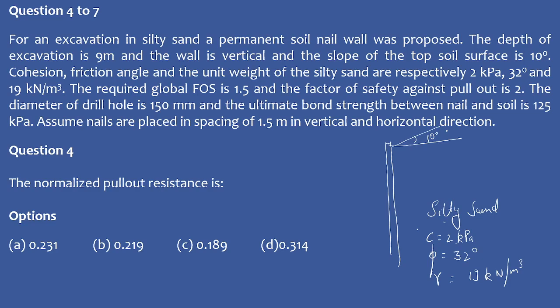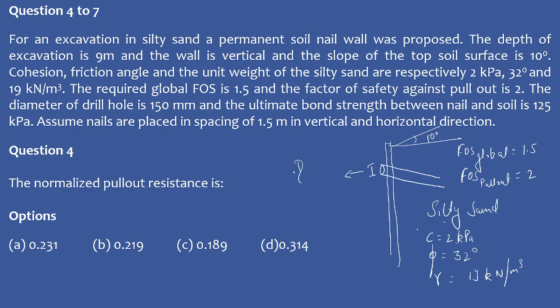The factor of safety for the global failure is given as 1.5 and the factor of safety against pull out is given as 2. They are introducing a nail here. The diameter given is the diameter of the hole, not the diameter of the nail.